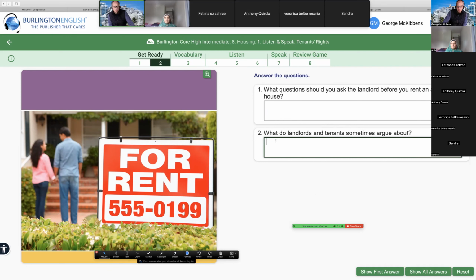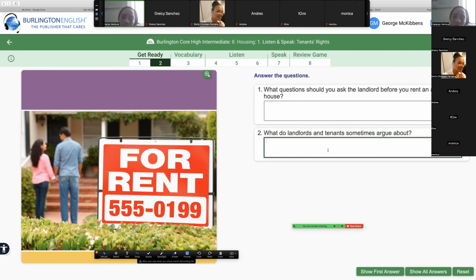Who would like to take number 2? What do landlords and tenants sometimes argue about? Anybody want to take this one? Me, teacher. Okay, go for it. I think it's about the lease. Landlords and tenants argue about the lease. Yep. Okay. I think, teacher, it's any damage. They argue about any damages.